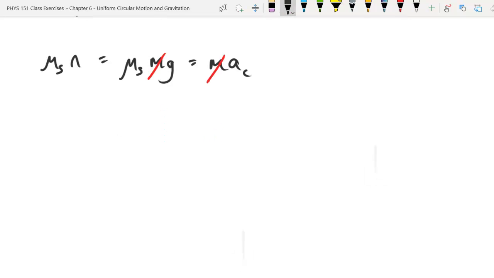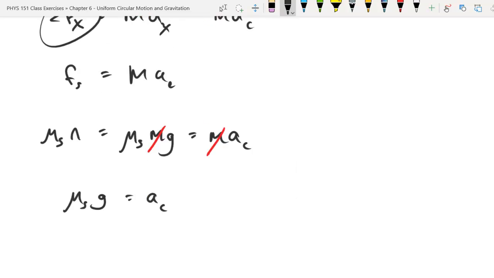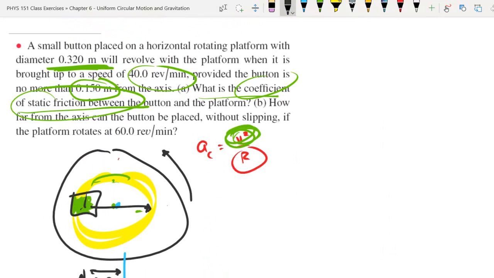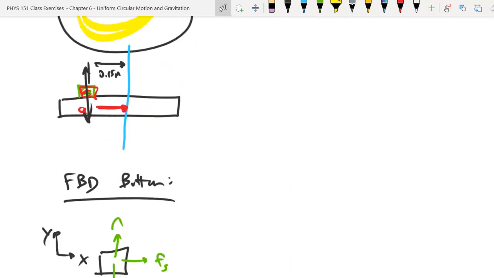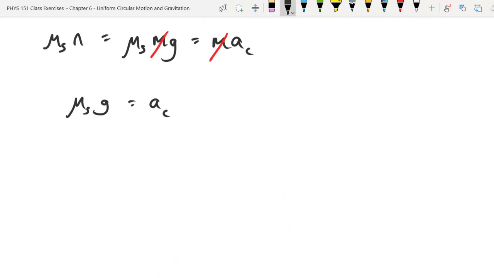And we have the coefficient of static friction times gravity is equal to the centripetal acceleration. So wanting to solve for the coefficient of static friction, that's what they asked us to solve for. So what is the coefficient of static friction? Then we have, just algebraically, the coefficient of static friction is the centripetal acceleration divided by gravity.